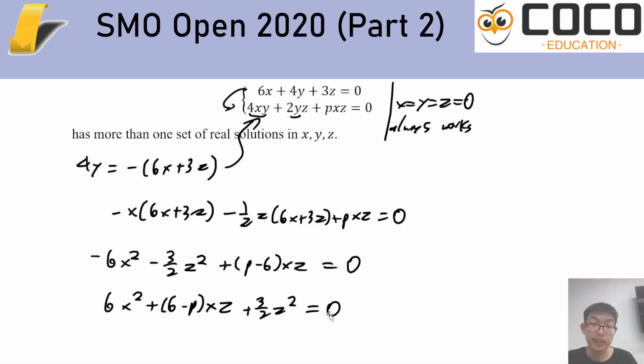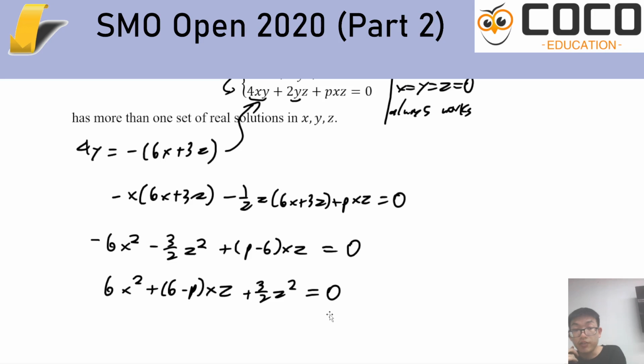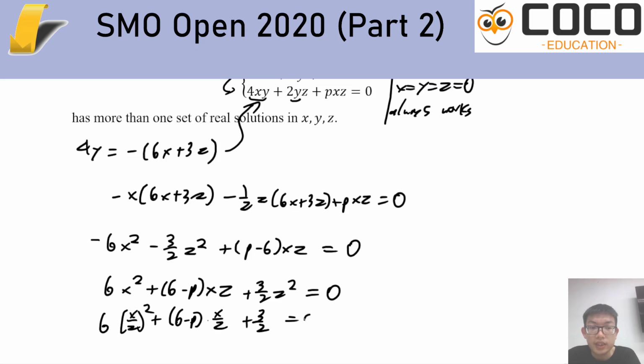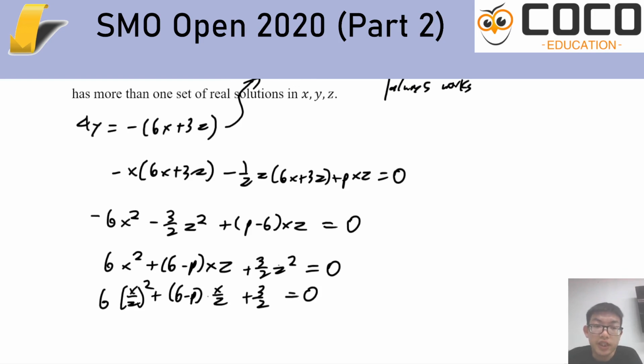Now this is a quadratic, but I want to be careful in how I say this. This is not really a quadratic equation like just, oh, there's just x and z here. If I divide by z squared, I can say that this is a quadratic in x over z. And so this would allow me to safely use my discriminant.